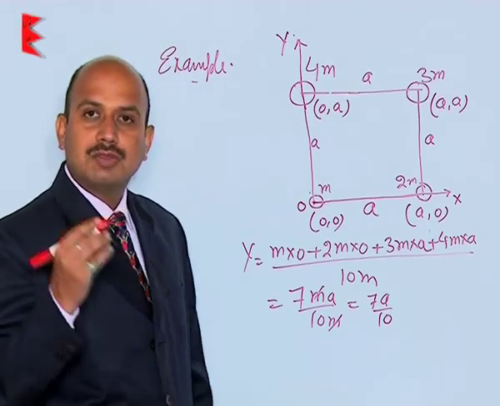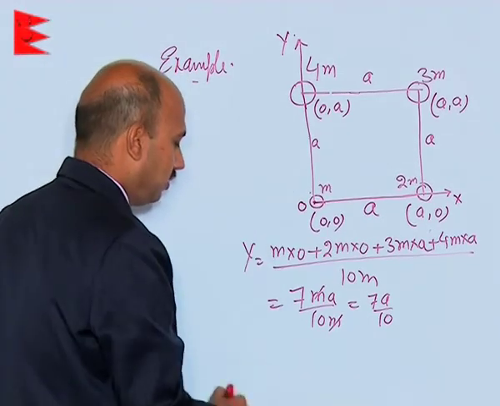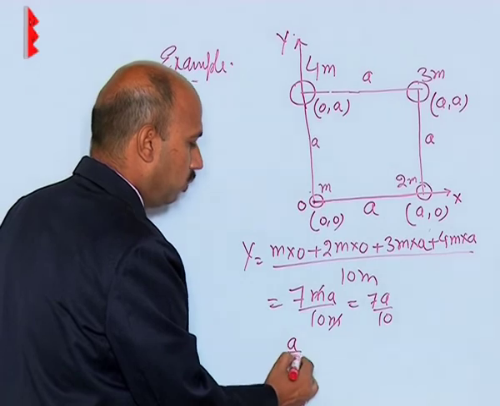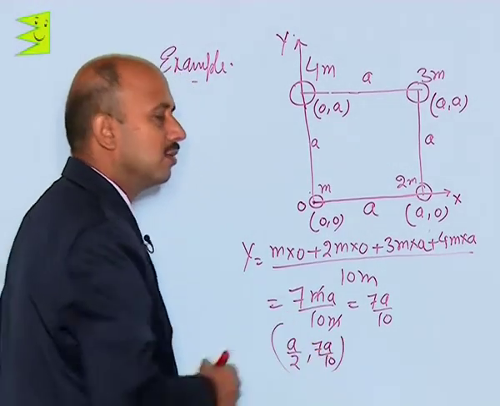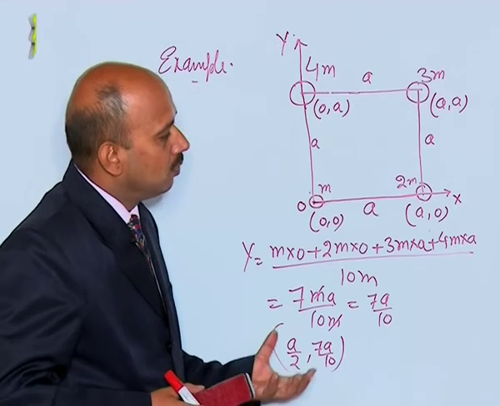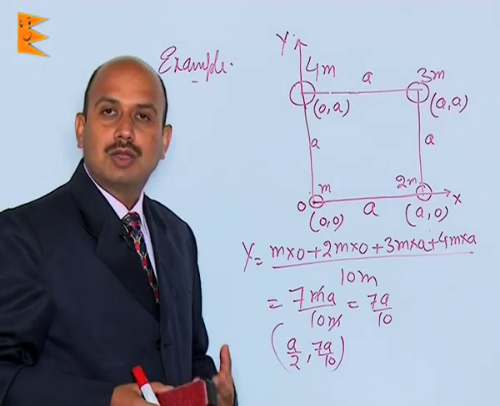So, the coordinates of the center of mass are a by 2 as the x coordinate and 7a by 10 as the y coordinate. In this way you can calculate the position of the center of mass.